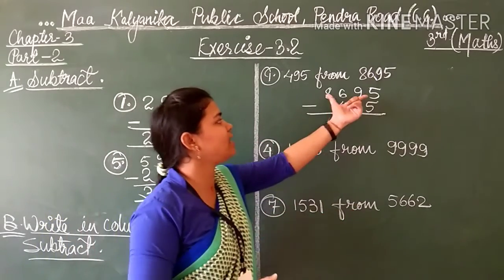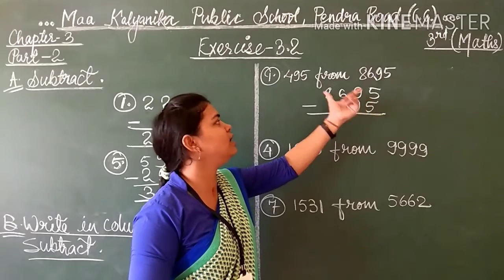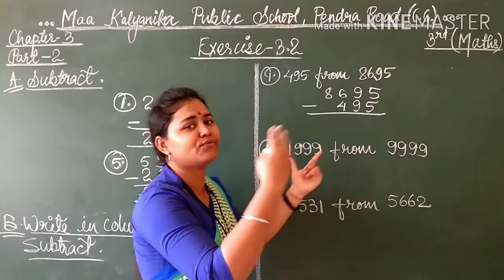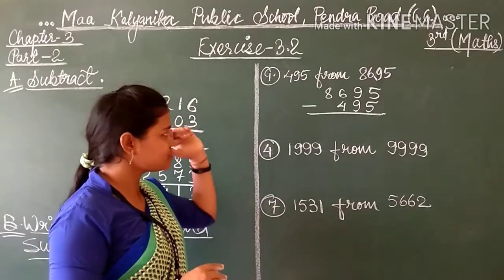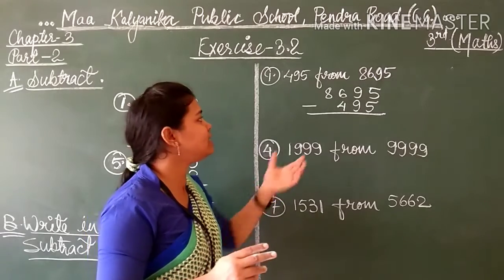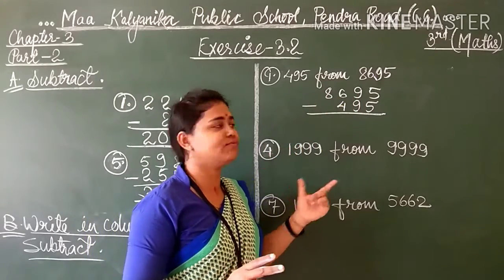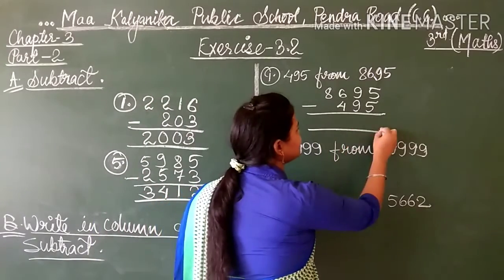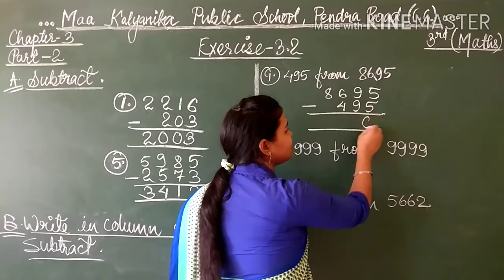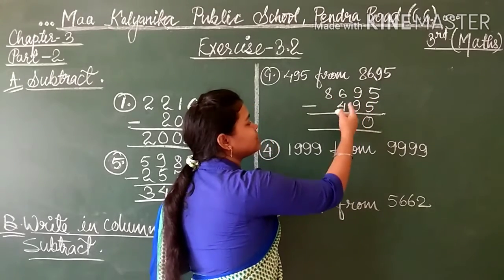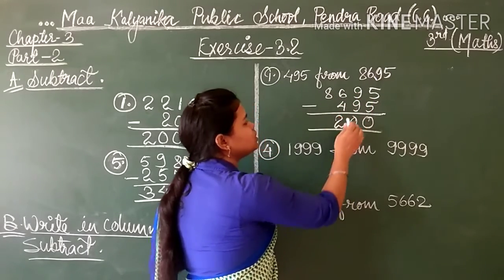So students, remember after writing the first number of the calculation, you have to write the second number from the right hand side. One more thing to remember in subtraction: the bigger number should be written first and the smaller number in the second line. Now subtract here: 5 minus 5, 0. 9 minus 9, 0. 6 minus 4, 2.